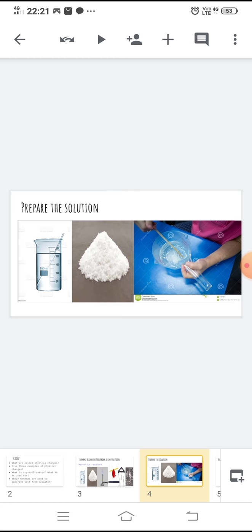First, you need to prepare the solution. Take 200 ml of water in a beaker, add alum powder and prepare the solution by stirring the contents of the beaker until most of the alum dissolves and some is left undissolved.